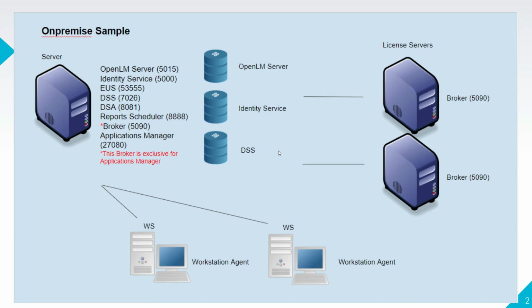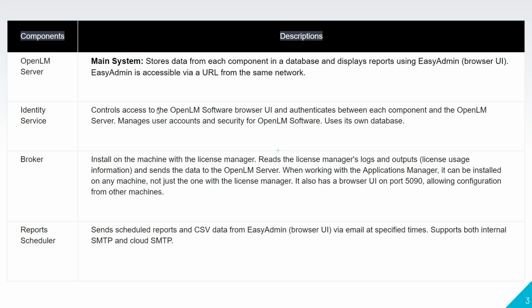So please let me explain each component. The OpenLM server is the main system. It stores data from each component in a database and then displays reports using the EasyAdmin browser UI. EasyAdmin is accessible via a URL from the same network.